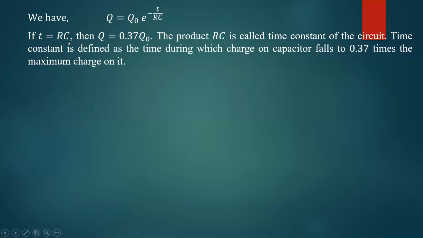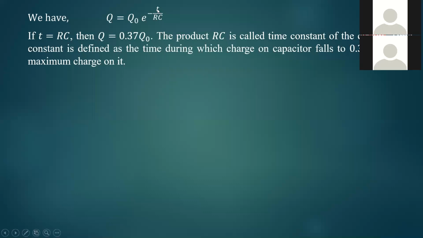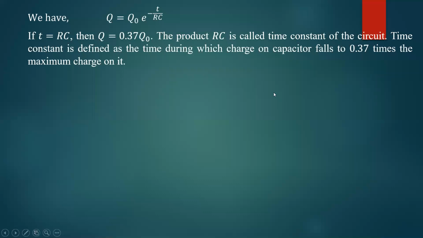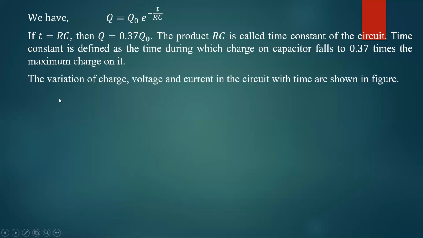In the charging case, the charge increases to 0.632 times the maximum charge. In the discharging case, during time t equal to RC, the charge decreases to 0.37 times the maximum charge. That is how you can remember it.